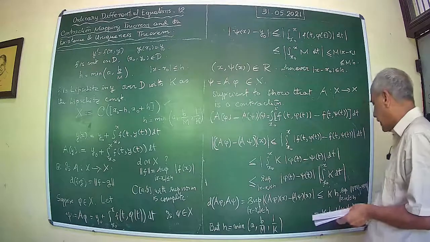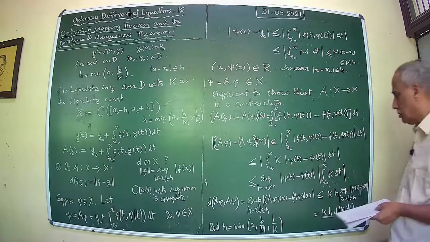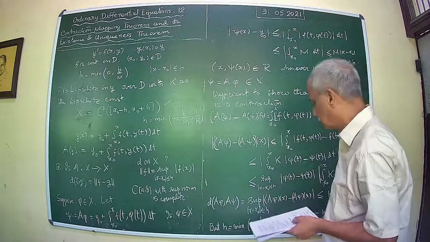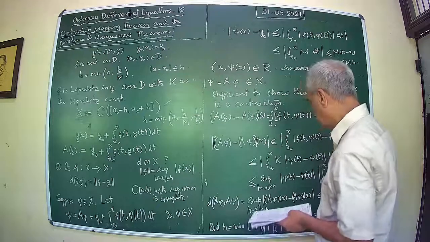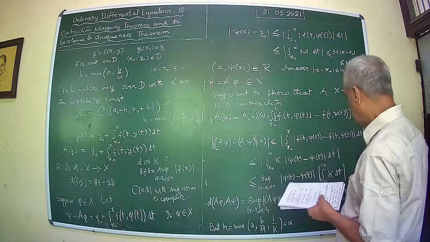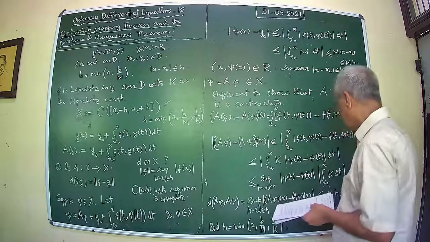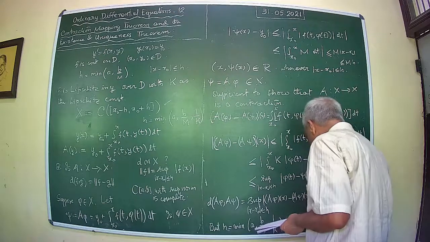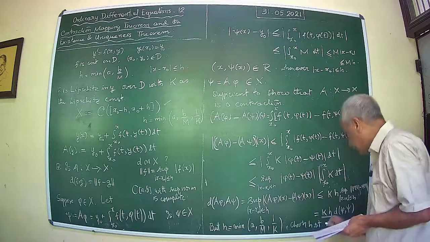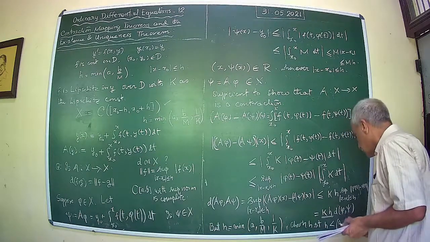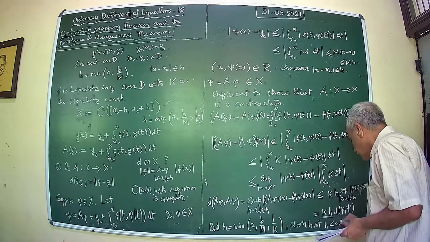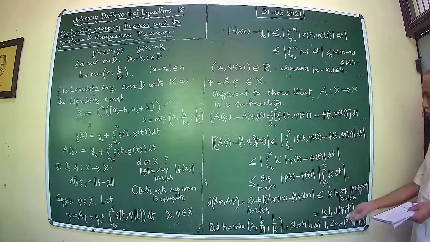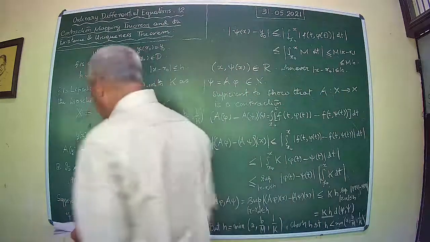Therefore, if I choose this as alpha, so h is less than the minimum of these, you choose h as something positive but less than this.